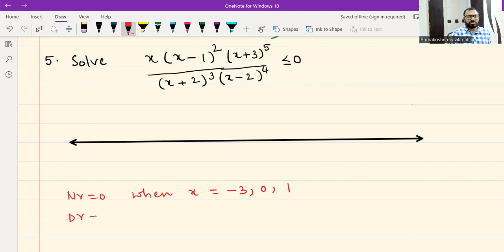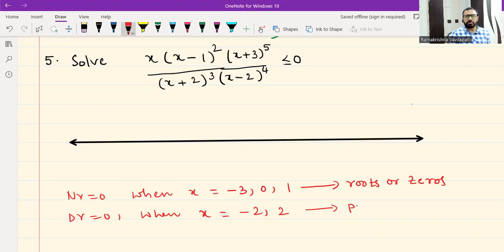The denominator equals 0 when x equals minus 2, plus 2. These are known as either roots or zeros when the numerator is 0, and when the denominator is 0, these are known as poles.